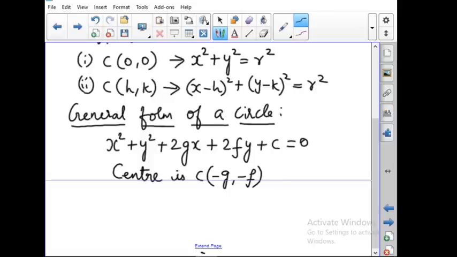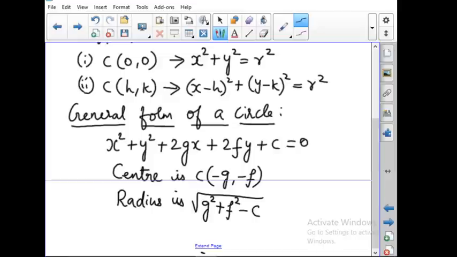So this is the center of the given circle. Then the radius is root of g square plus f square minus c. So this is the radius of the circle.